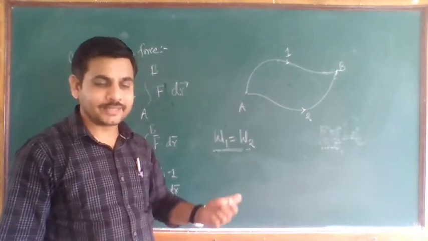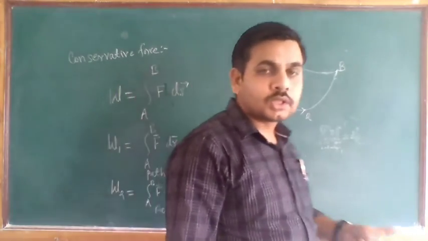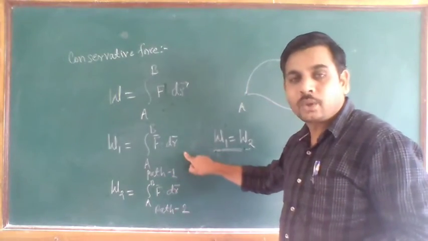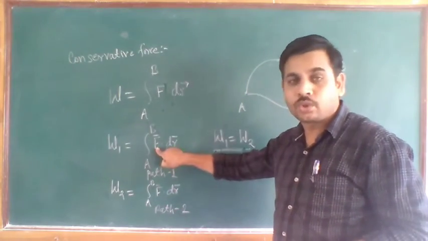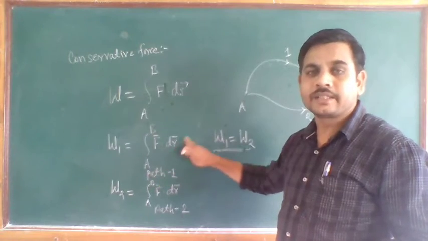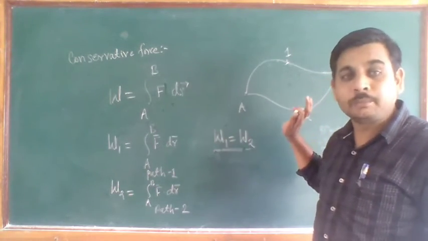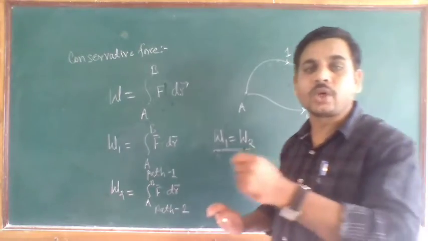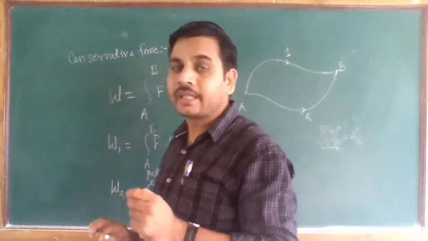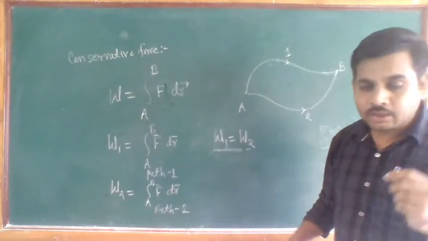So we can say that this force which moves or changes the position of the object from A to B is conservative. Here we can define this force is conservative.